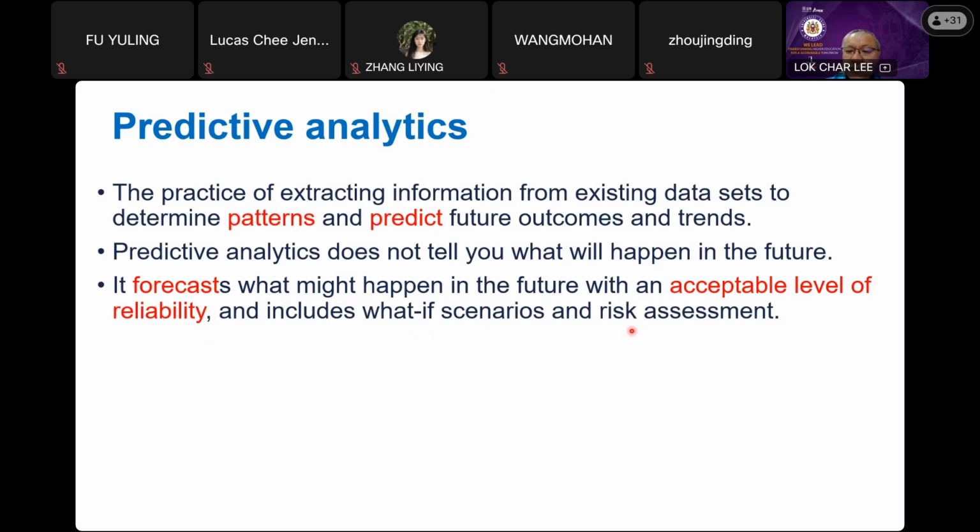What if something happened? Then what will be our result? That is the reason we want to do predictive analytics. So we can make predictions of what could happen in the future. This will help us make better decisions.